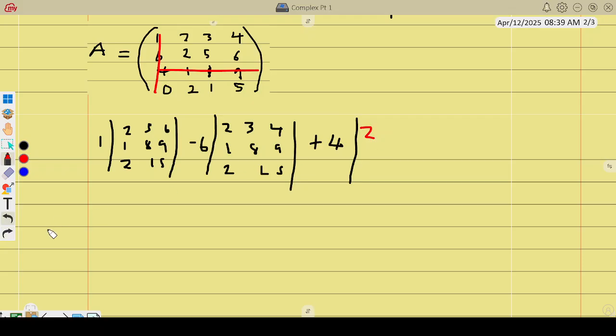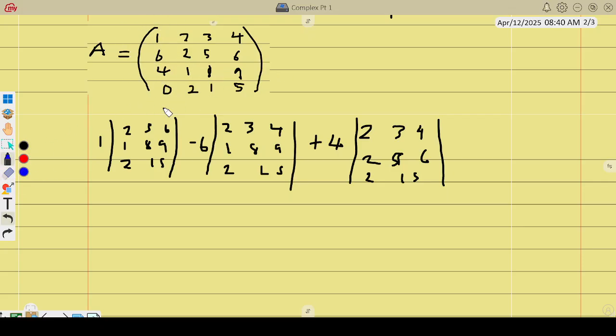We have 2, 3, 4, 2, 5, 6, 2, 1, 5. And the last one now is the part for 0 here.